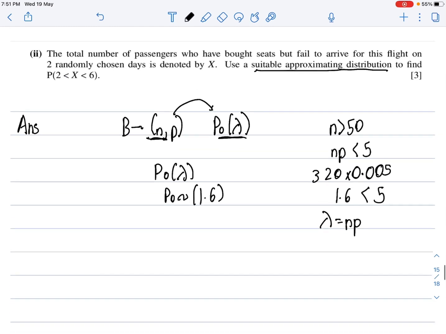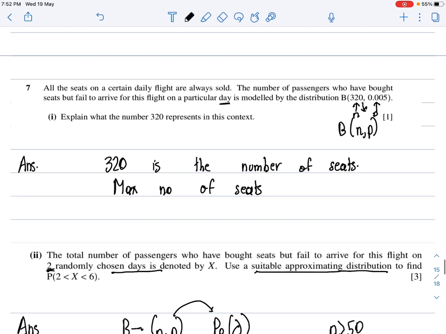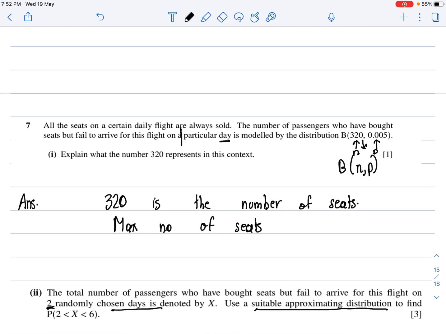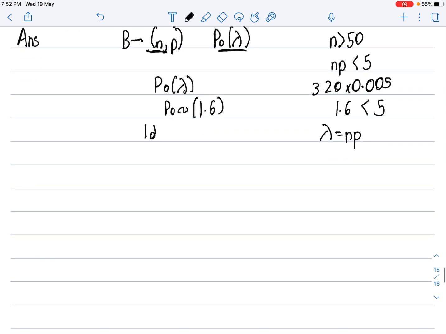But now they have taken 2 days here, but the distribution was for 1 day. So if in 1 day my lambda is 1.6, then in 2 days my lambda will be 2 into 1.6, which is 3.2.